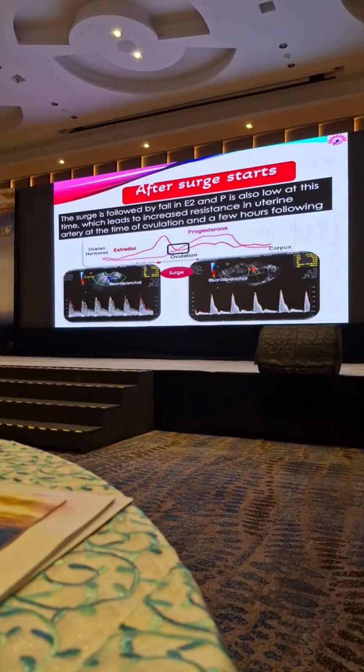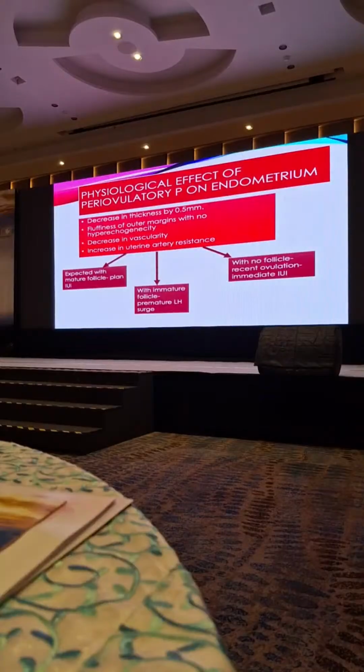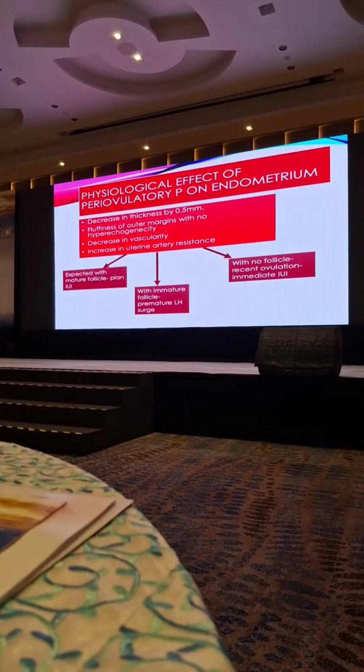I know I am cutting it very short and therefore you may have confusions, but that slide can probably explain everything for you. Let me tell you what happens after the surge. Estrogen level is rising, the surge starts, the surge reaches a peak, estrogen falls, progesterone starts just after the estrogen peak, and gradually reaches a plateau in about 4, 5, 6 days.